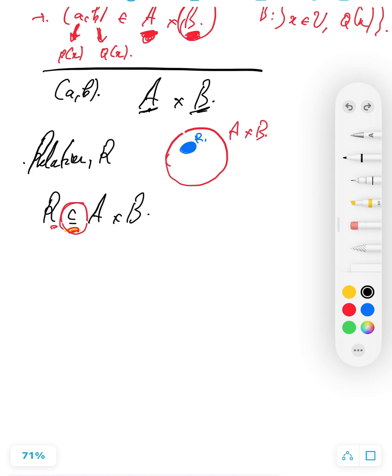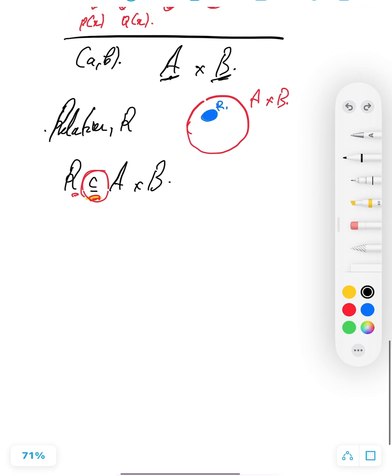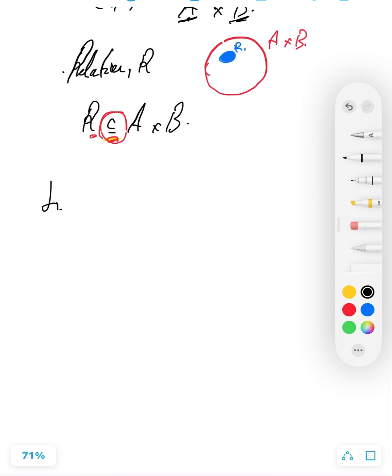Okay, so let's suppose that A is a set of people and B is a set of cities, right? I'm going to give you an example. So if you were to take the Cartesian product of these sets, you're going to end up having a person and a city, right?